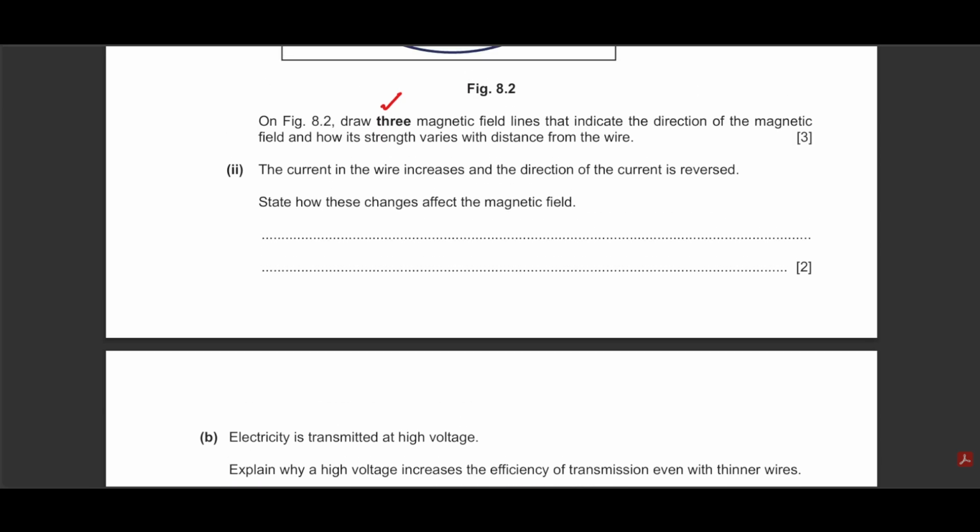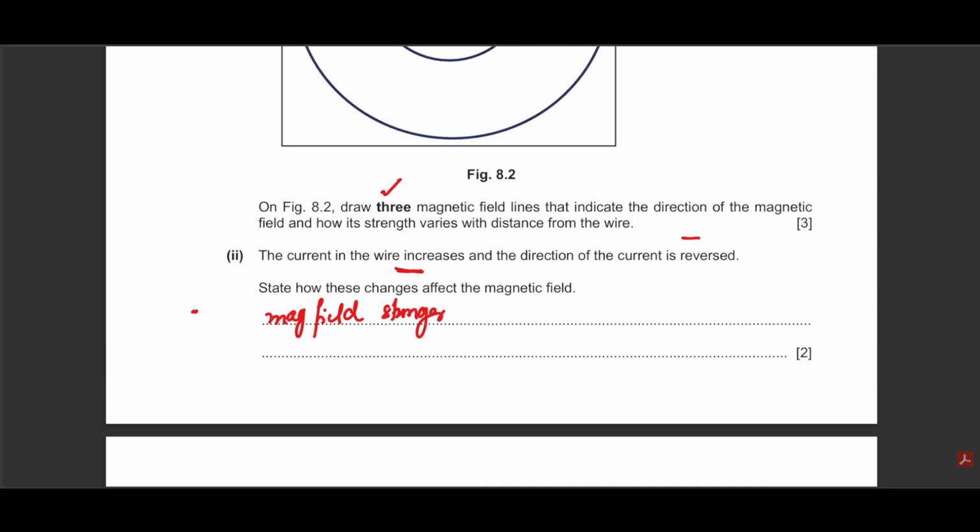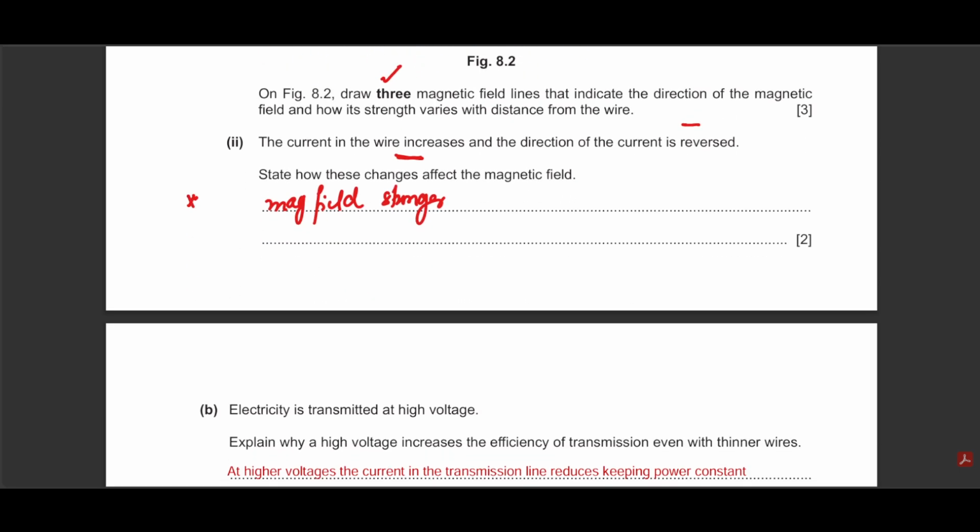It says the current in the wire is increased and the direction of the current is reversed. The magnitude of the current directly affects the strength of the magnetic field. So the magnetic field definitely becomes stronger, which means that if I had to draw this again, probably with a cross, for example, it would have more lines as compared to before.